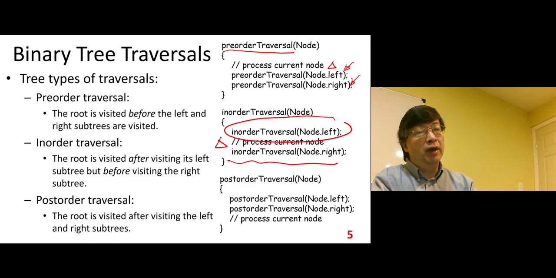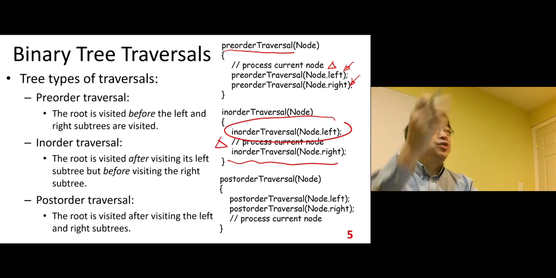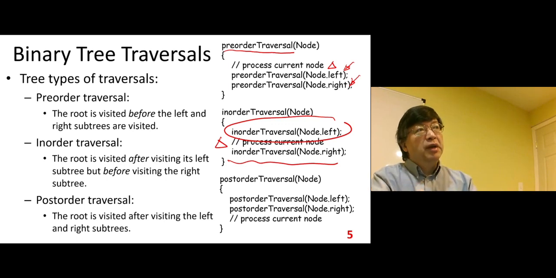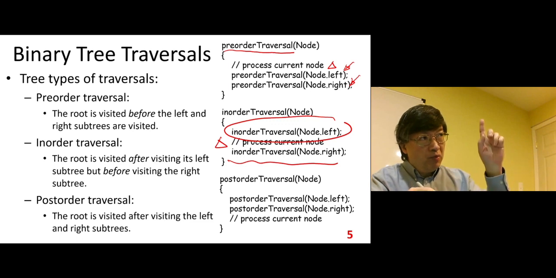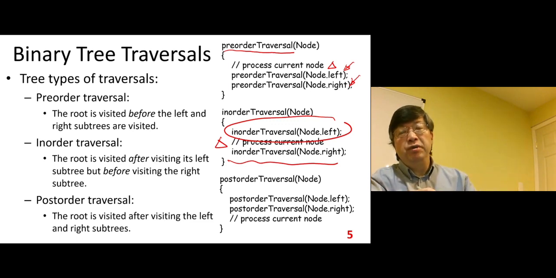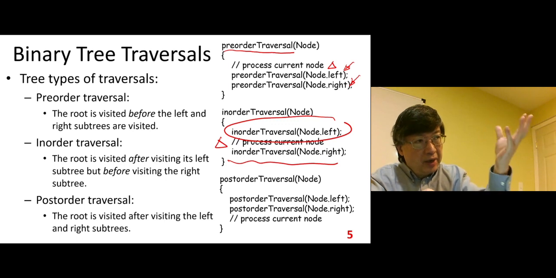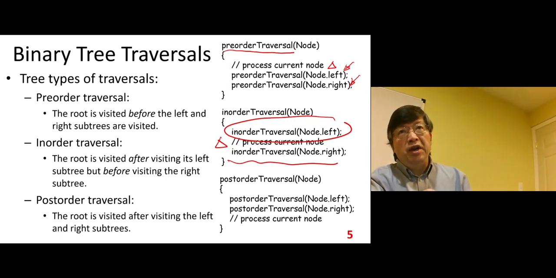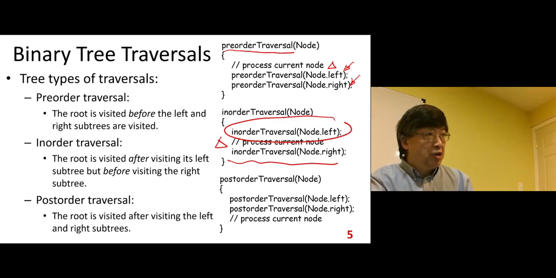So straightforward. But which one should we use based on your application? Sometimes one of the three gives you the best solution, so you need to select. You need to closely examine your application.